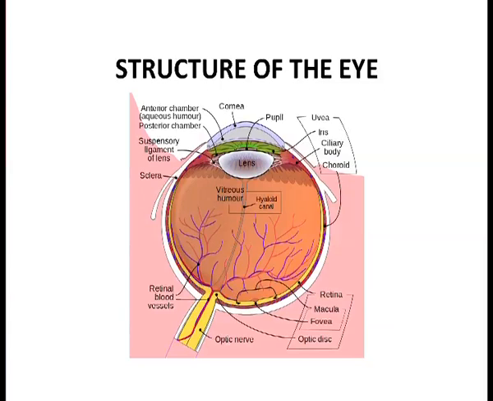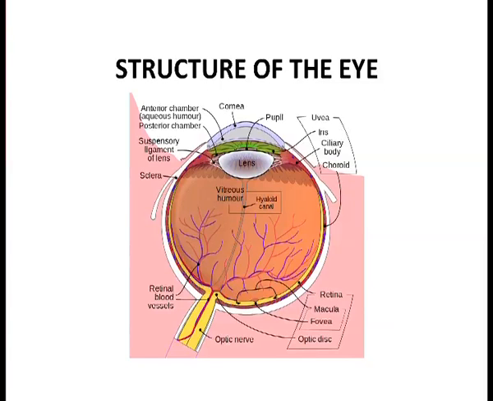The retina is a thin and delicate inner layer containing the photoreceptors and an elaborate network of interconnecting nerve tissues. Retina is the most important part of the eye.